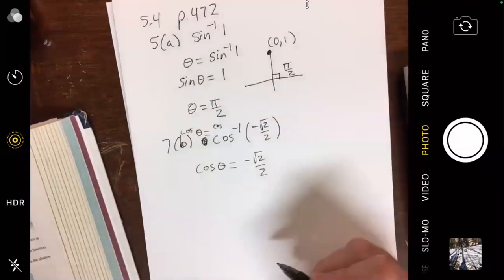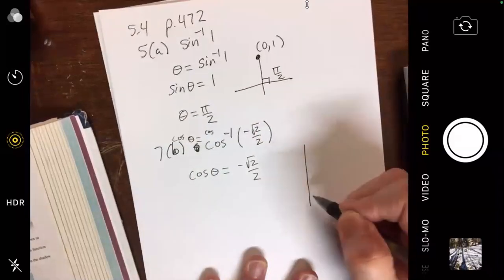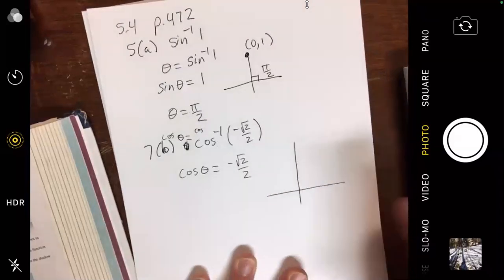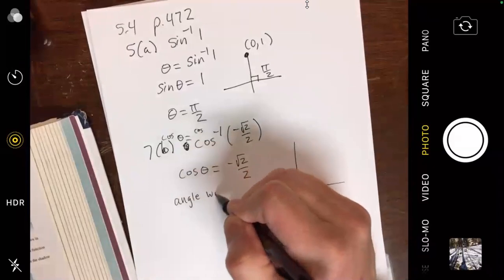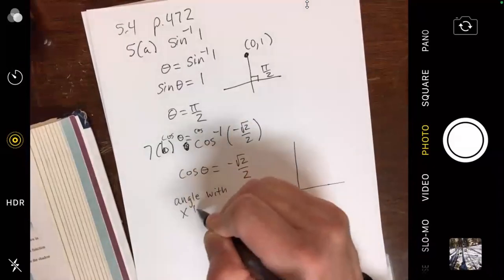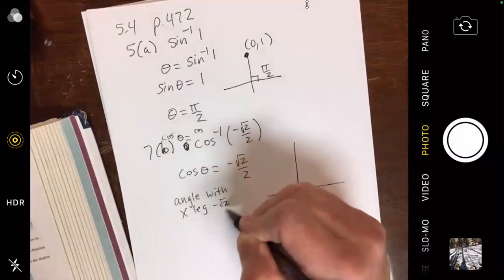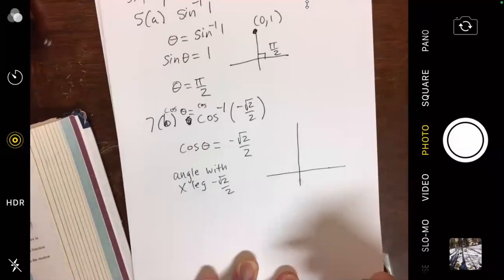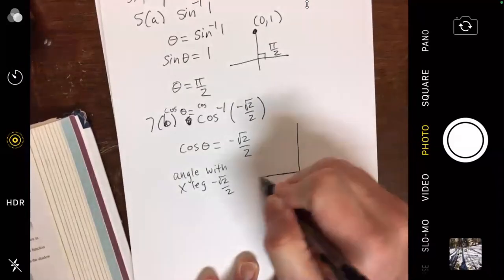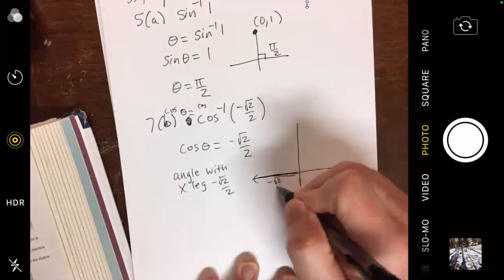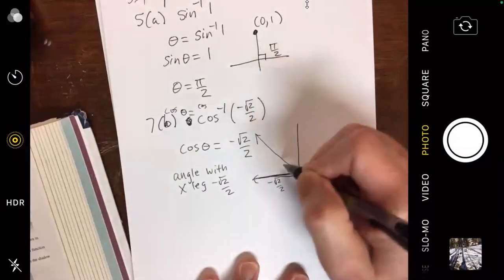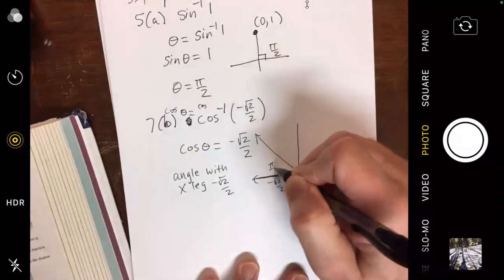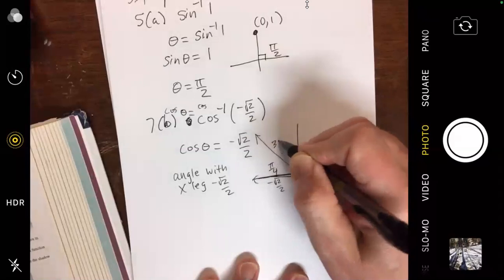Where do we get this? This is an angle with x leg negative root 2 over 2. Well, x leg's negative, in this direction. If you remember, it would be at 45 degree equivalent, which is pi over 4. So that would have to be 3 pi over 4.